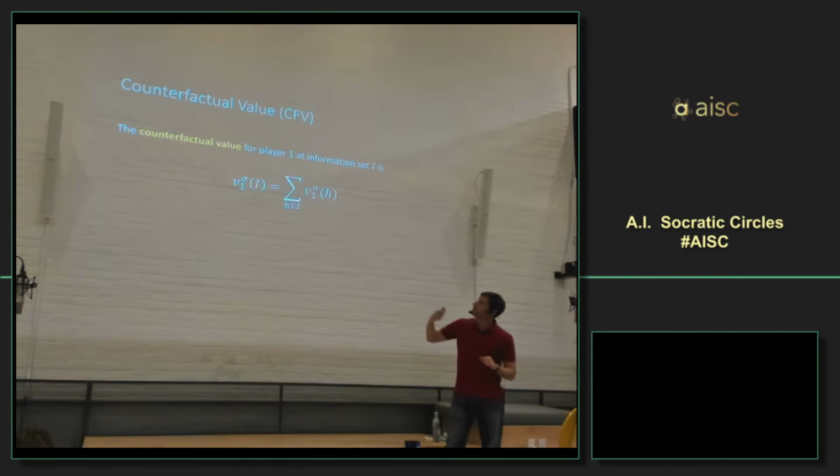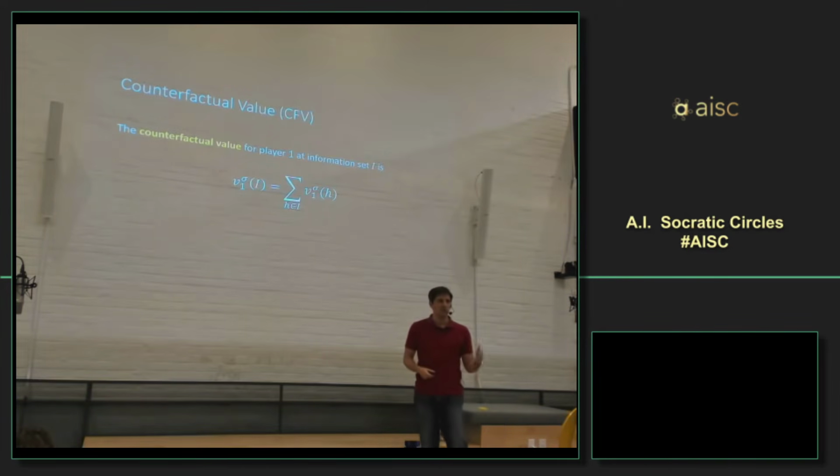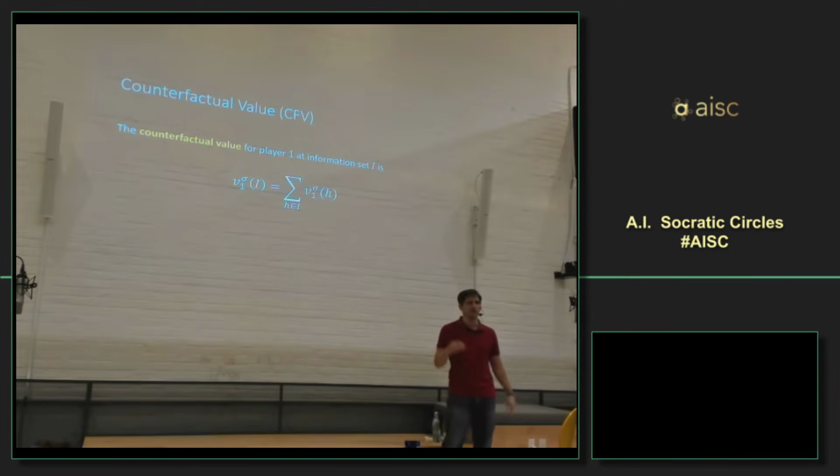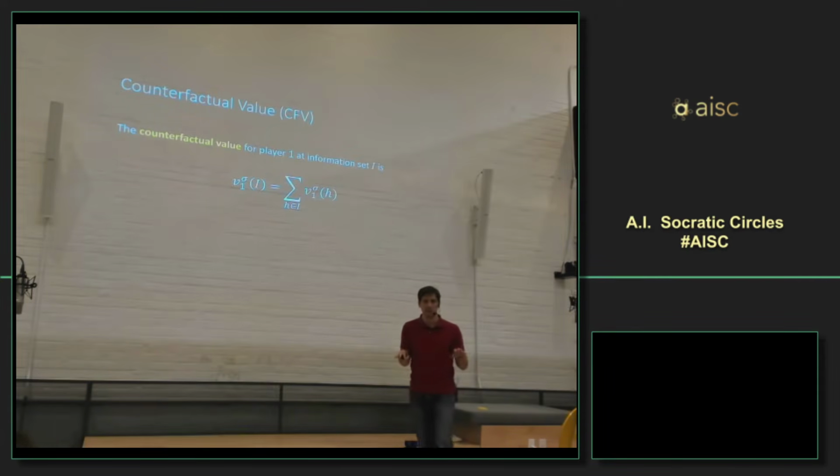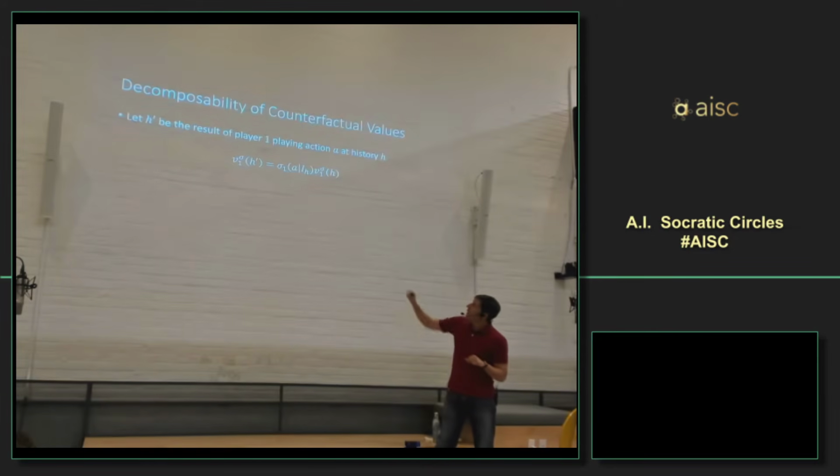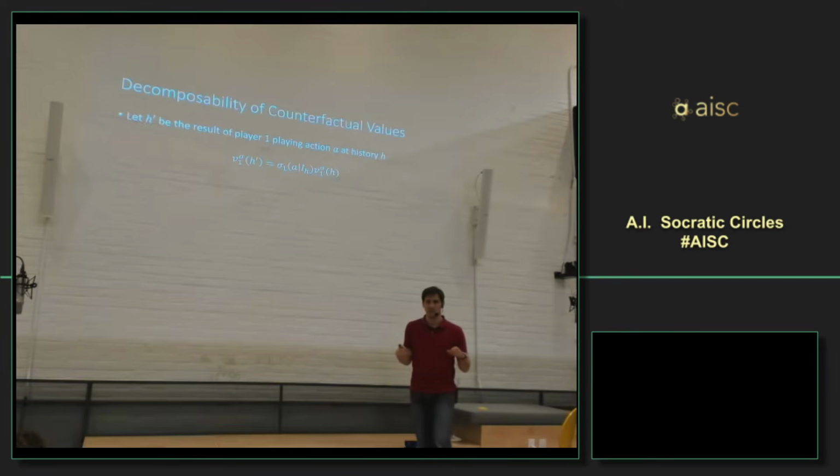And then you can think of the counterfactual value of an information set as essentially being the sum of the counterfactual values for each of the histories in that information set. An important part of this is that counterfactual values are decomposable.